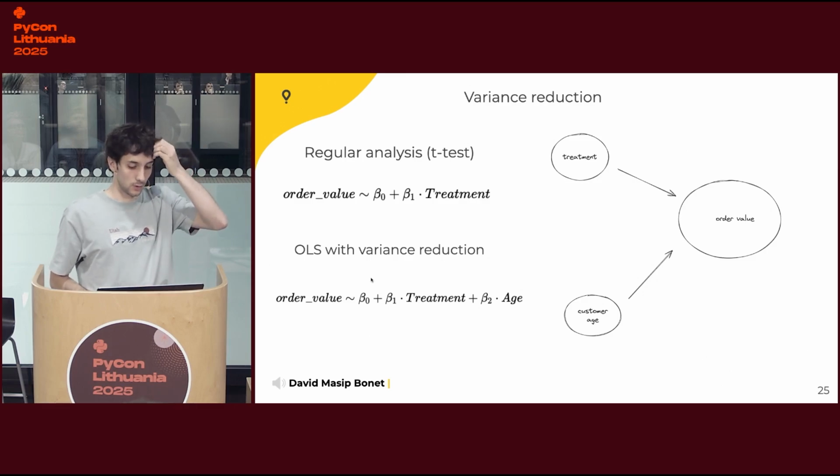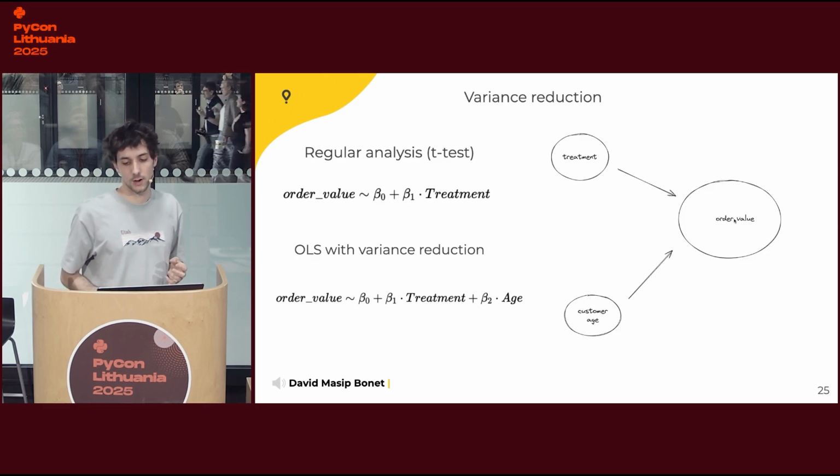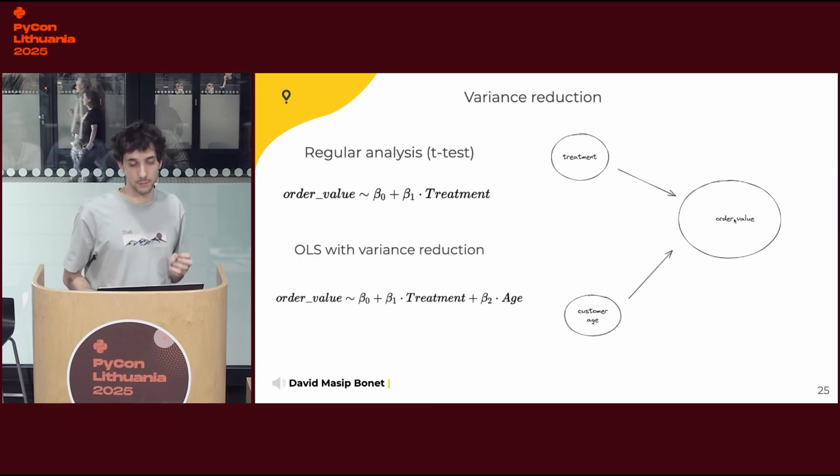However, if you want to do something a bit more complex, but that can help you have lower MDEs, you can apply variance reduction. And this variance reduction is essentially adding a covariate that is a good predictor of the final metric, and it's not impacted by the treatment. So essentially, if customer age is a very good predictor of the order value, then you're going to have lower MDEs, which is something that you're always interested in.